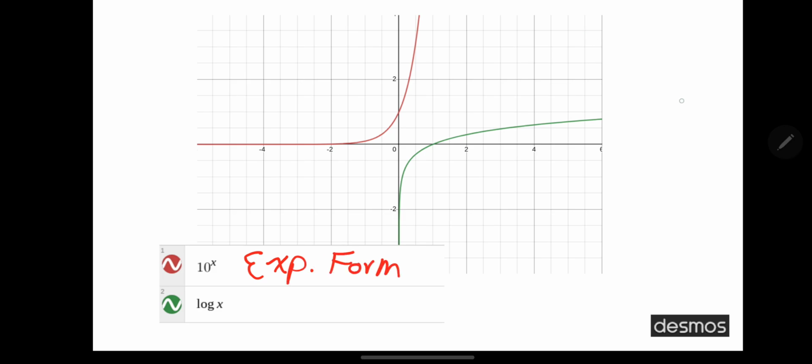Okay, and then also here in green is the log form. Let me just say, this is base 10. So you can also read this as log base 10 of x. If you don't see any number at the base, then we know that it is 10. And we'll get into that in another video.